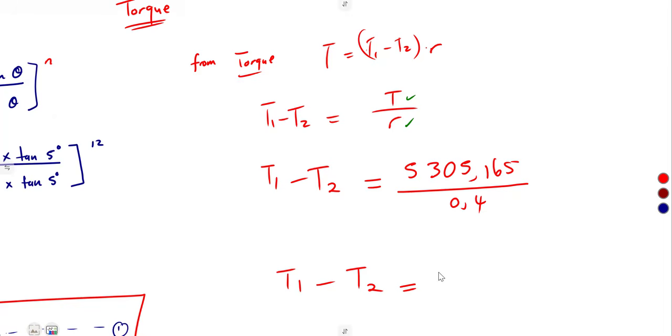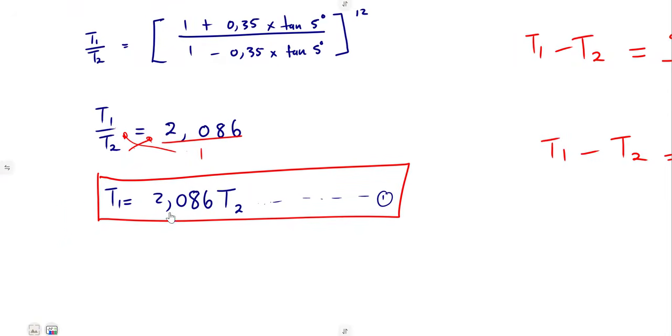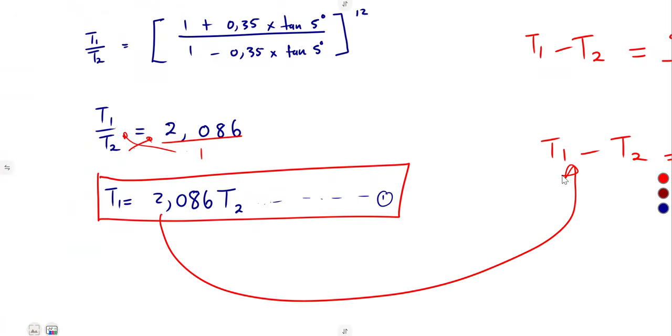So it was going to give us 13,262.913. So we formed an equation just like what we had here. So we can even substitute, because we have got T1 written in terms of T2. We can even substitute this in place of T1.